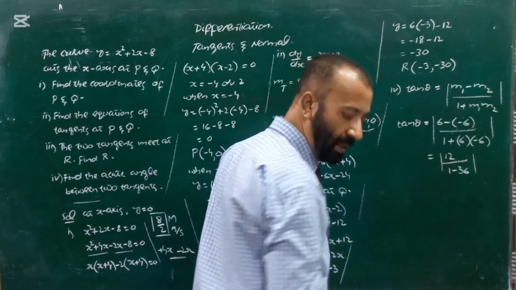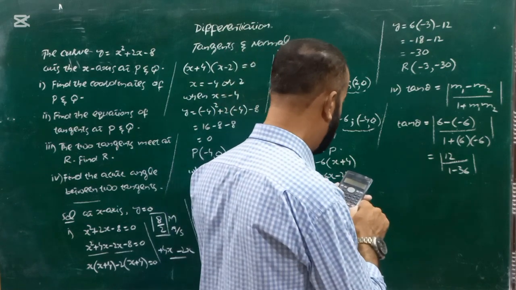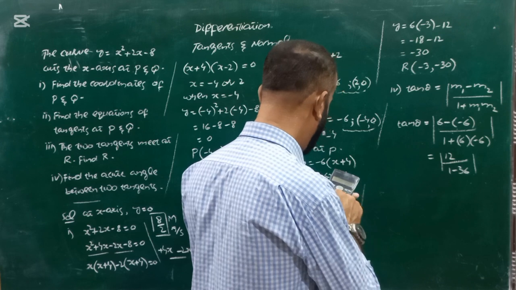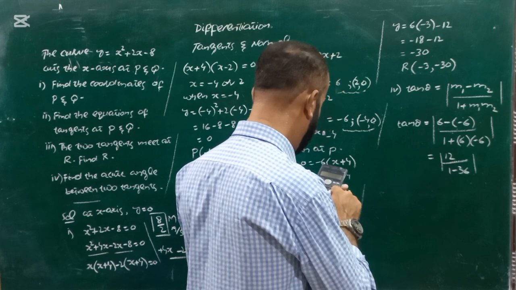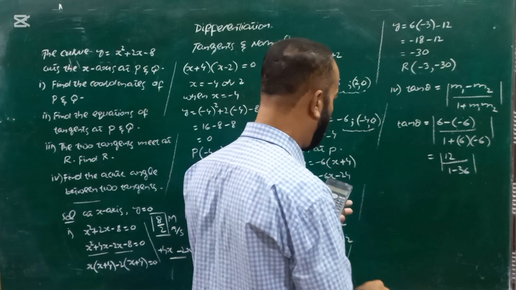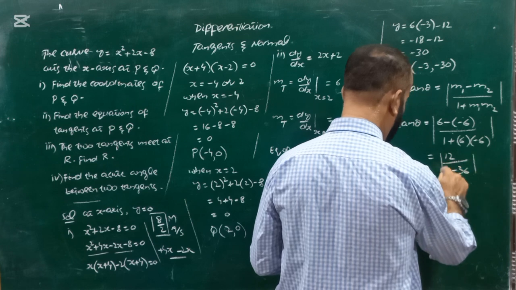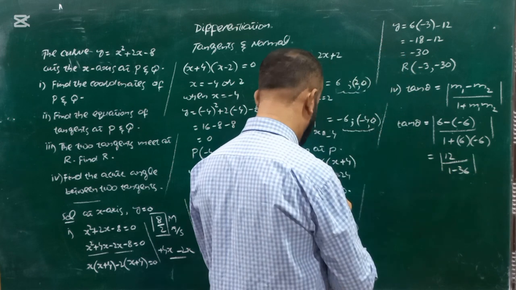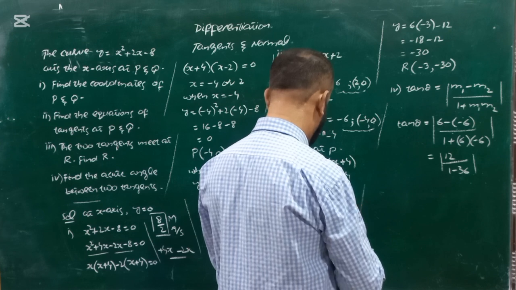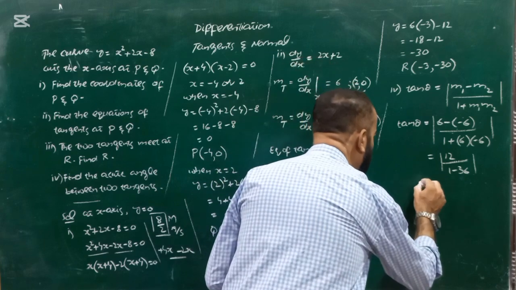Here is the tan theta that is moving in parallel. So from here we will solve it. tan inverse, bracket start, 12 divided by, it will be minus 35, but the mod will absorb it, so 35, bracket close. So the answer is 0.33.